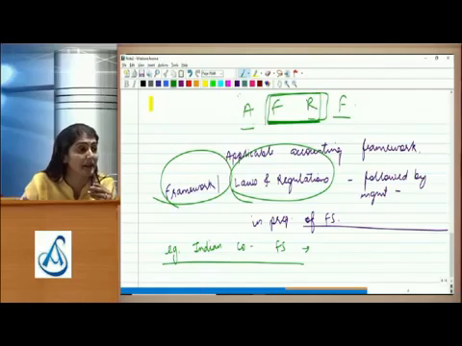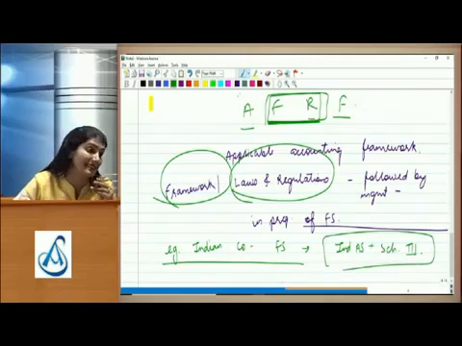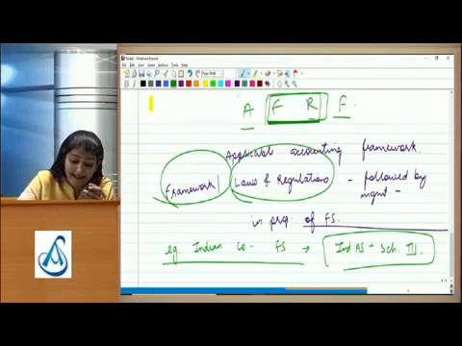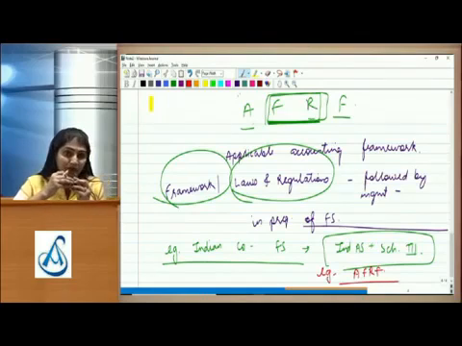Indian Accounting Standards, Ind AS, and Schedule 3 to the Companies Act 2013. So Ind AS and Schedule 3 is an example of an AFRF.